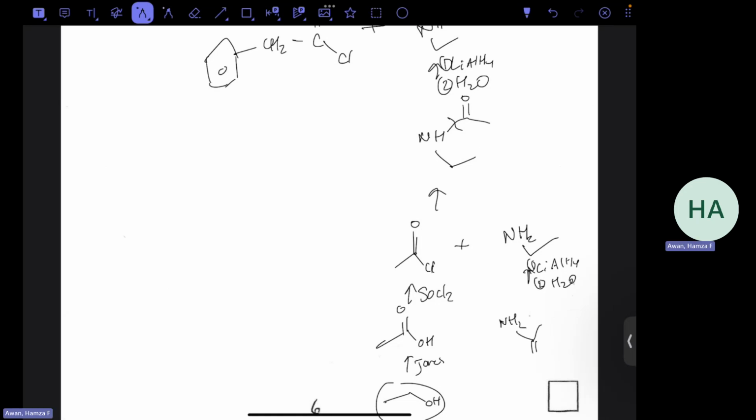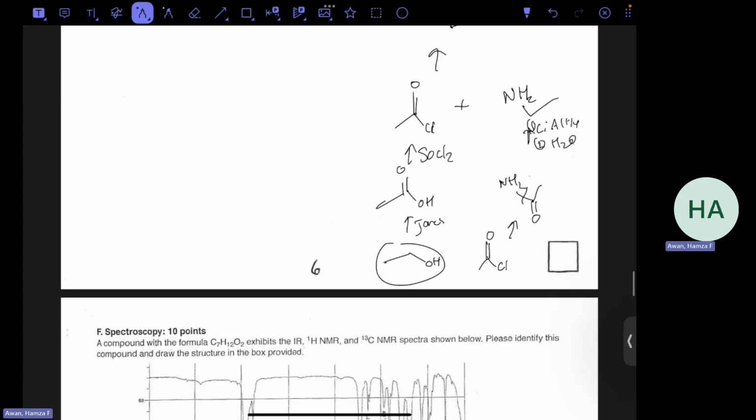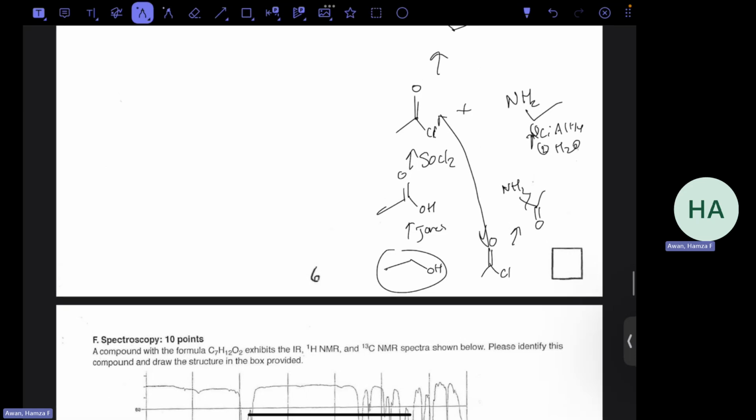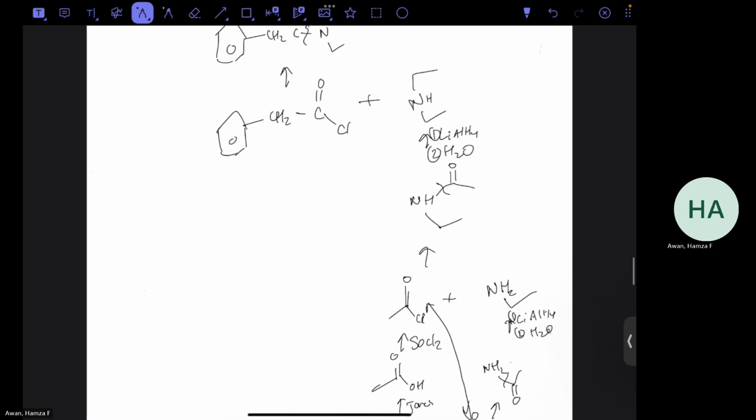We'll have our amide back. Same thing, it cleaves off. We have our acid chloride, and we've already done this, so we can just draw the arrow back like this, because these are both the same structures, plus NH3, which is fun, right?